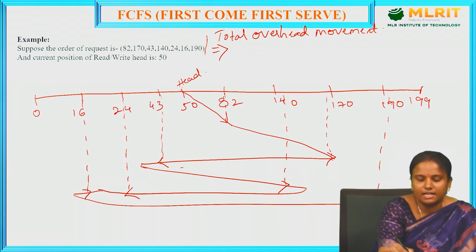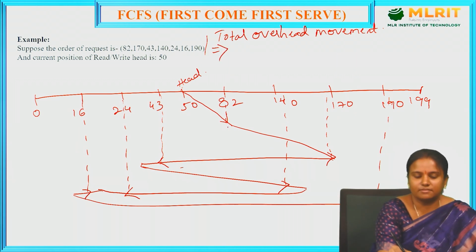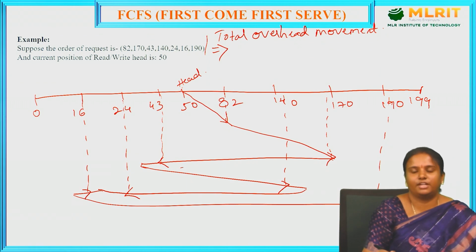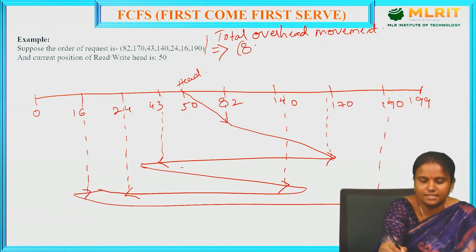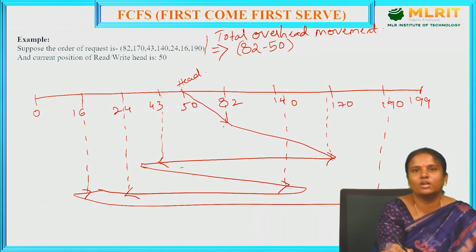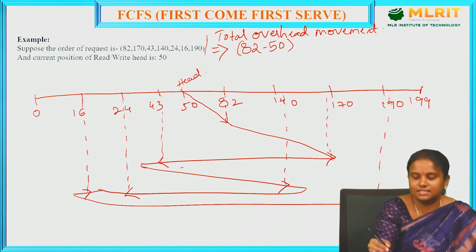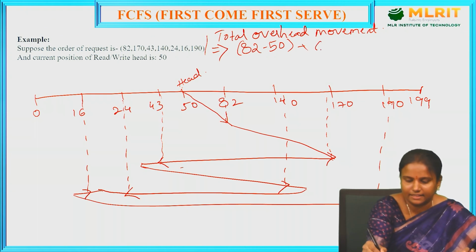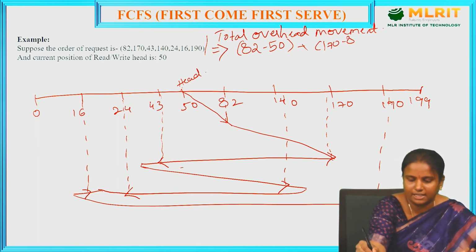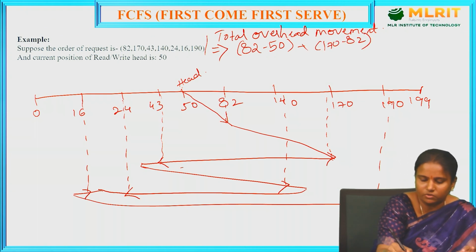First, 82 is the first disk, so 82 minus 50. We calculate the bigger value minus the smaller value. The next disk is 170, so 170 minus 82, from here to here.